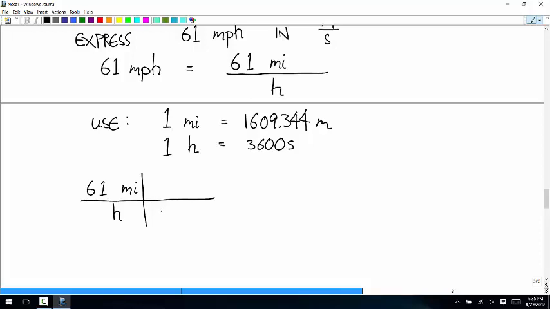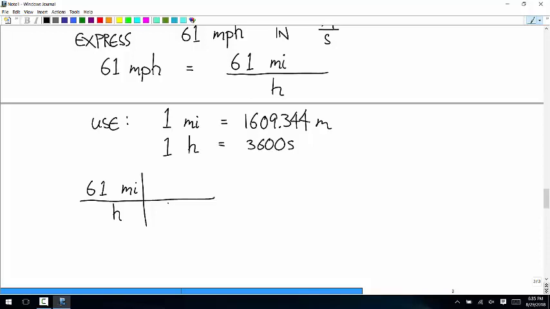Let's do miles to meters first. We're going to use the ratio either 1 mile over 1609 meters or 1609 meters over 1 mile. Which one do we want? So miles are in the numerator here. We're trying to get rid of miles.